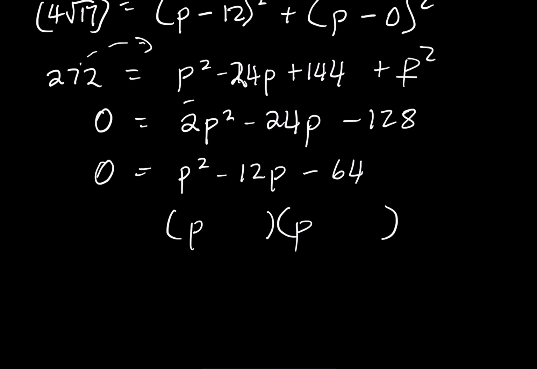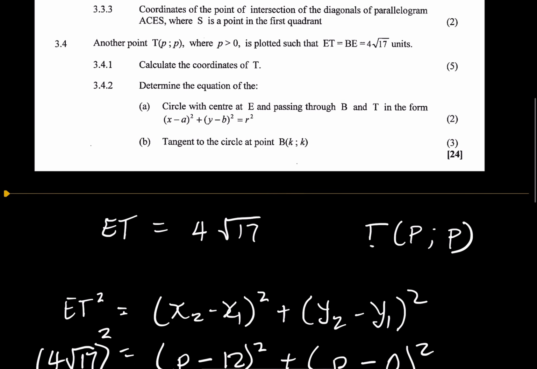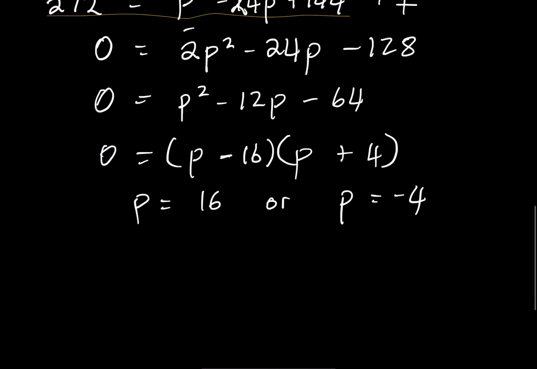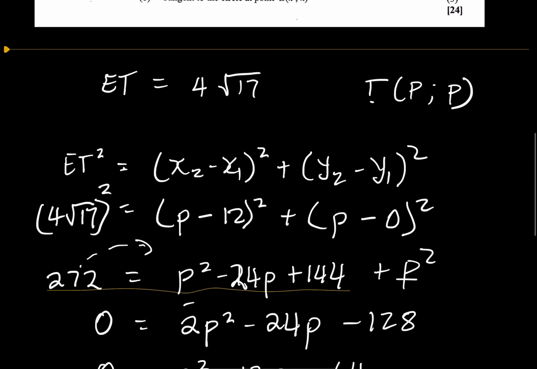I think it's 16 and 4, and of course, this would be negative and that would be positive. So it means that p is equal to 16 or p is equal to negative 4. Now please remember, what they had said to us is that p must be greater than 0. So negative 4 will not be applicable. So our correct answer will be p equals 16. Right, so I hope that makes sense.